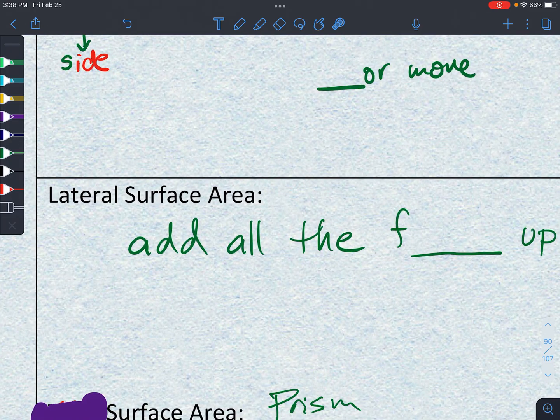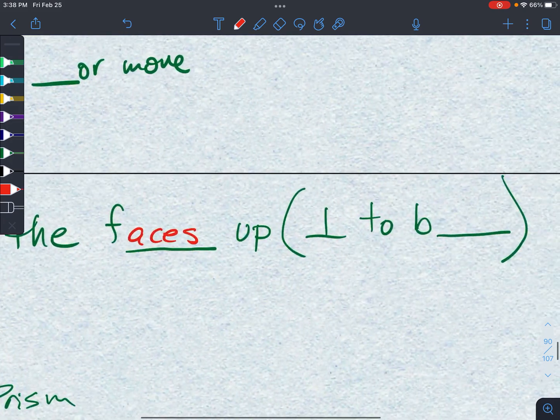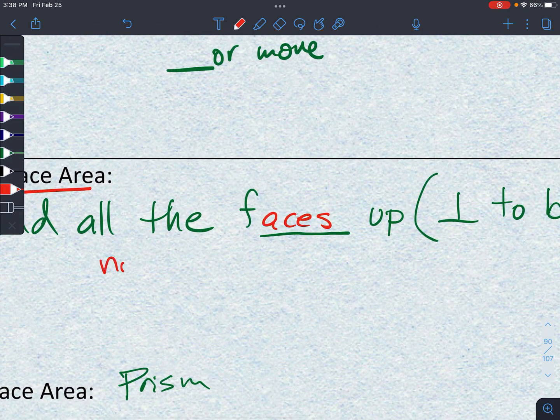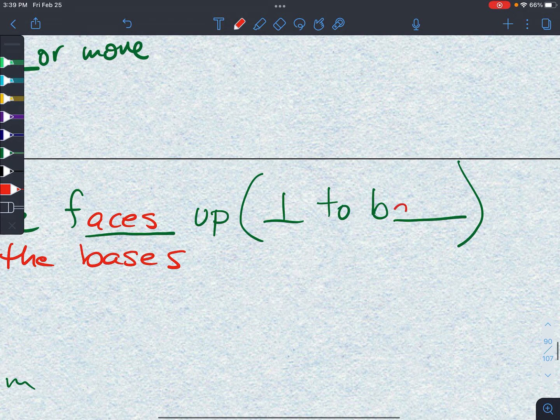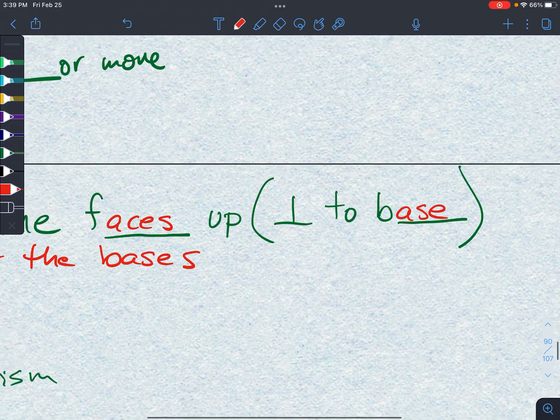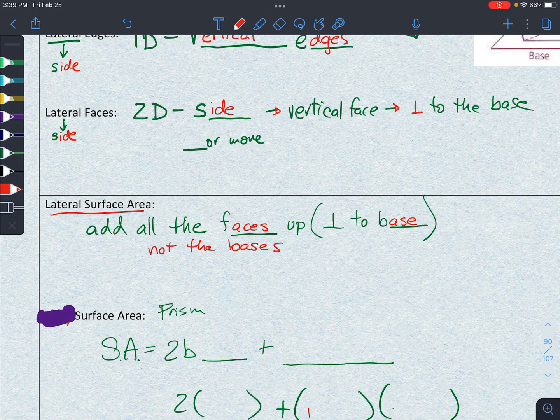If I add up all those areas, we get the lateral surface area. So we add up all the faces that are not the bases. They are perpendicular to the base usually, even though it doesn't need to be perpendicular, it could be oblique, you would still get the lateral surface area.